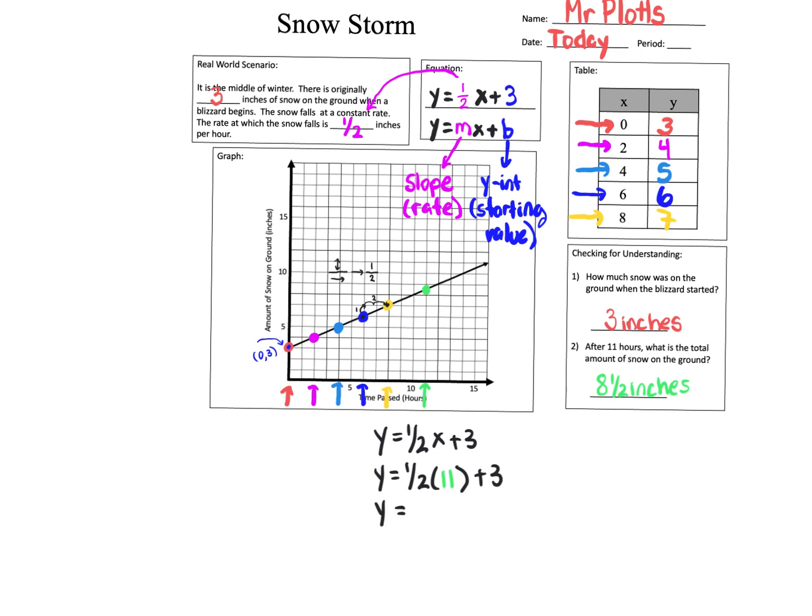So we cut 11 in half, which gives us 5.5, plus 3, which gives us 8.5, the same as 8.5 inches. It's just a different way to write it in decimals.